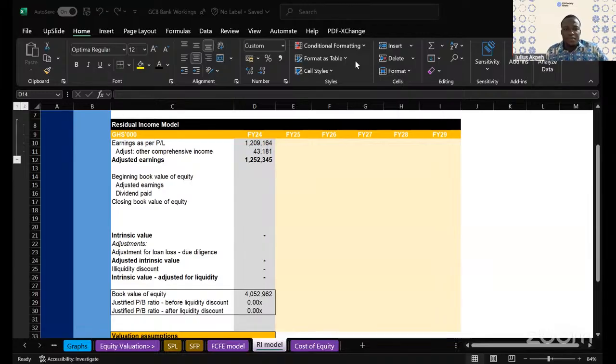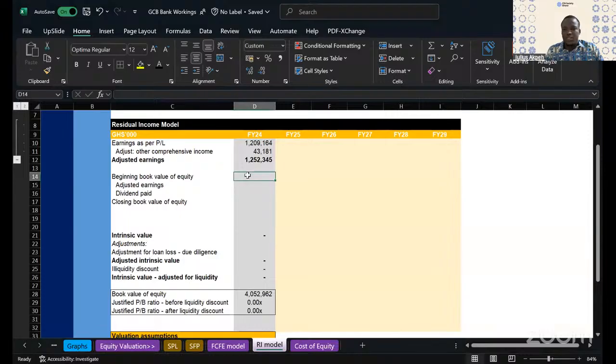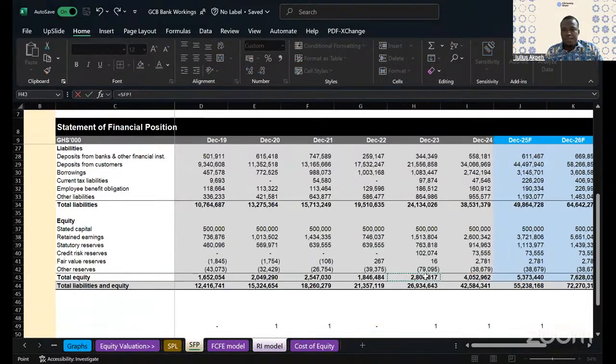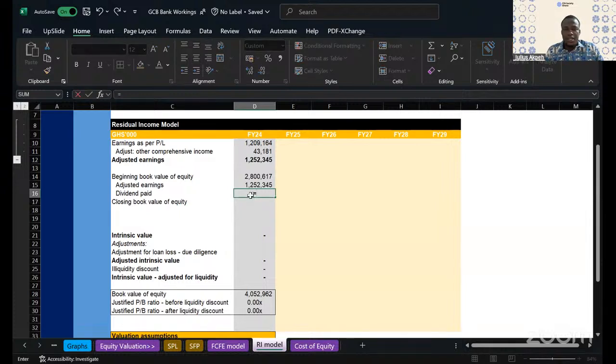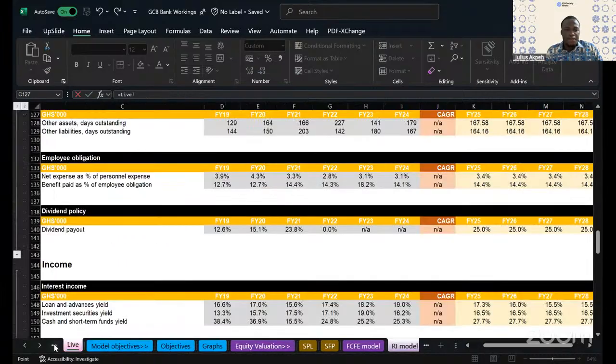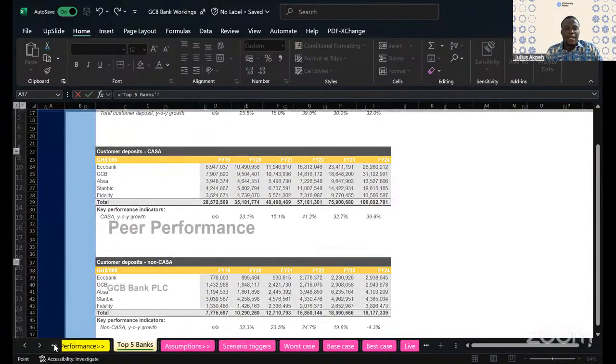Thank you. All right, so beginning book value of equity, that is the book value of equity for 2023. We'll go pick that. And then adjusted earnings as calculated above, and then no dividend paid in 2024. So I can actually go to the equity side to check and link it under equity, right?